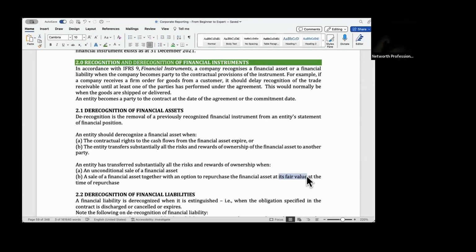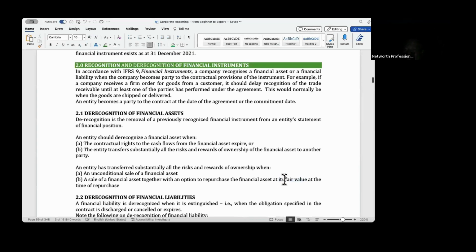That kind of condition is so specific that you still have control over that item. So that's not a sale. But when you have sold, though there is a condition, but it's at fair value, it's still seen as that you have transferred the risk and reward of ownership to that other party.